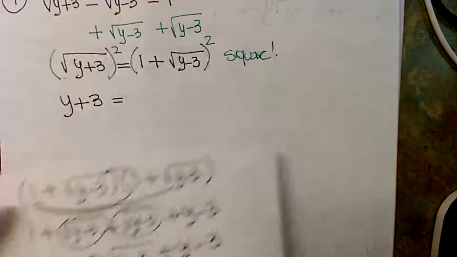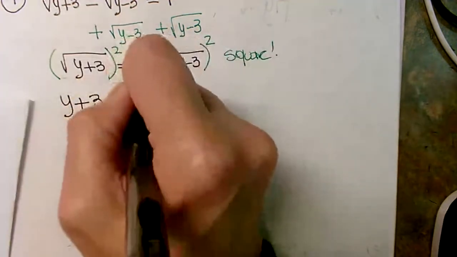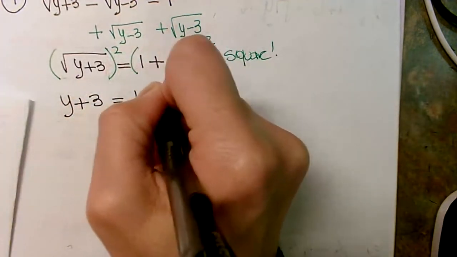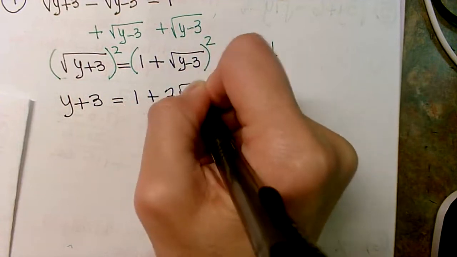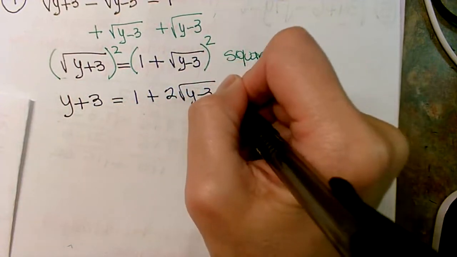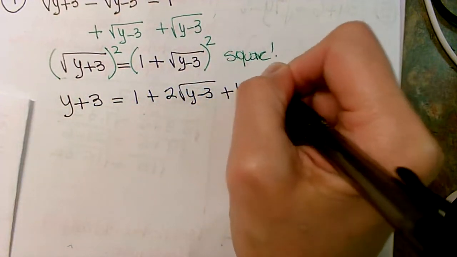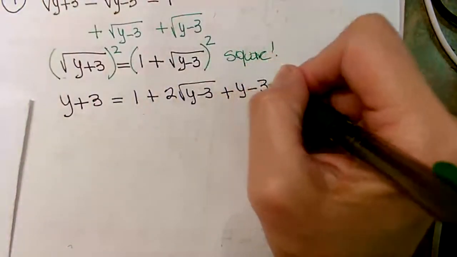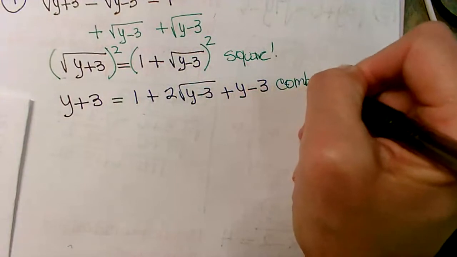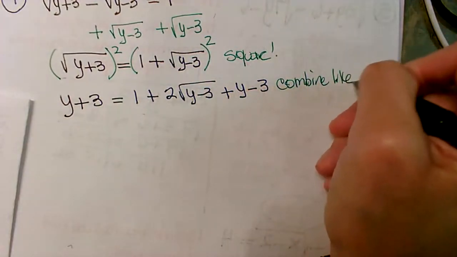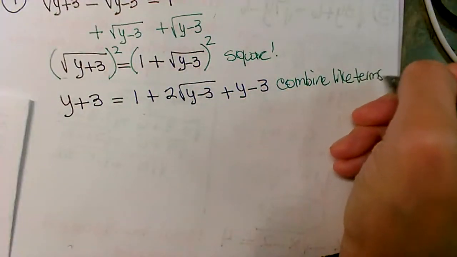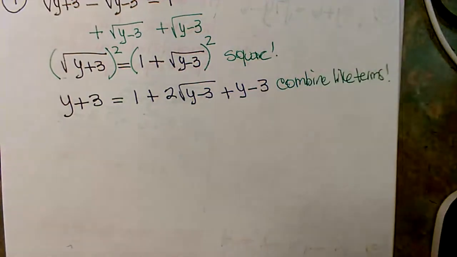Now, let me write this down over here. 1 plus 2 times the square root of y minus 3 plus y minus 3. Now, we combine like terms, right? That's what we're going to be doing there.